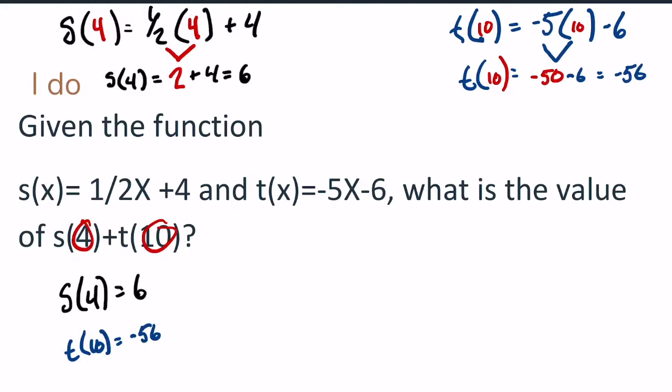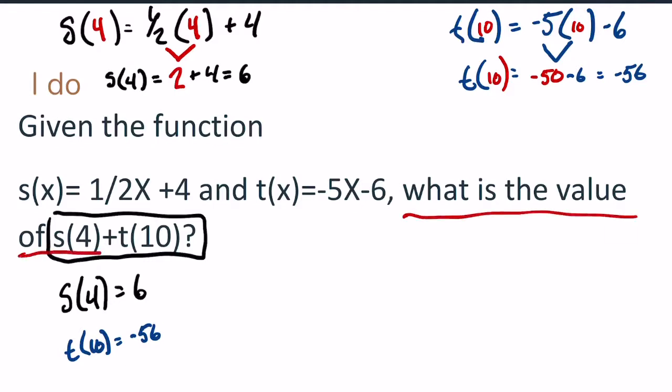Well, from here, we still have one step to do. I'm going to erase this so you don't get confused with these circles. From here, we want to know this. Again, we are going to underline our question, but this is what is the value of s of 4 plus t of 10.